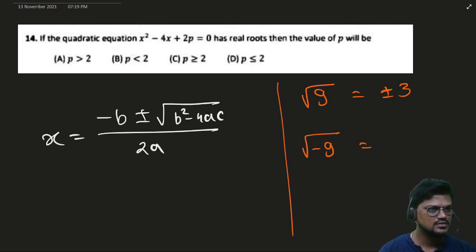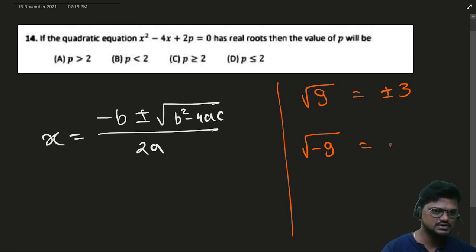It is not defined, or you can say it does not exist in the real numbers, but it exists in the imaginary numbers that you will have in class 11. Not now. The root of this number is not defined on the real line, but is there on the imaginary. The root of this is imaginary.